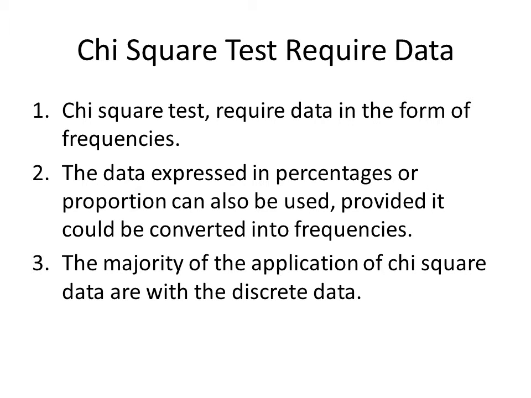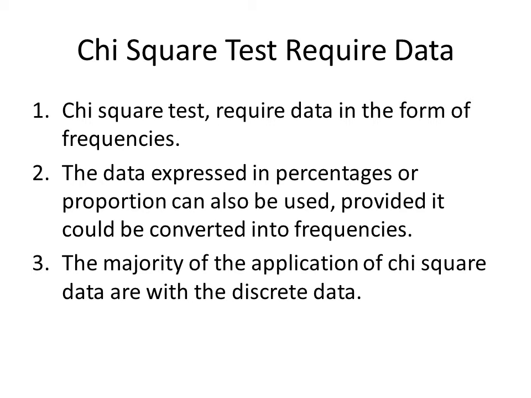Now, the data required for chi-square test. First, before discussing that, I would like to tell you that the chi-square test was developed by Karl Pearson in 1900. The symbol chi stands for a Greek letter.